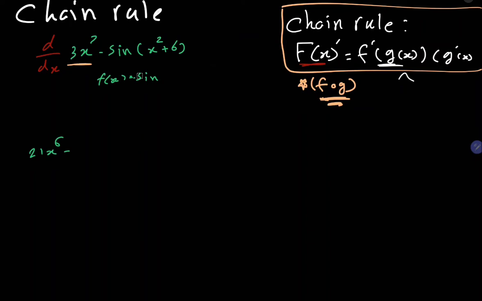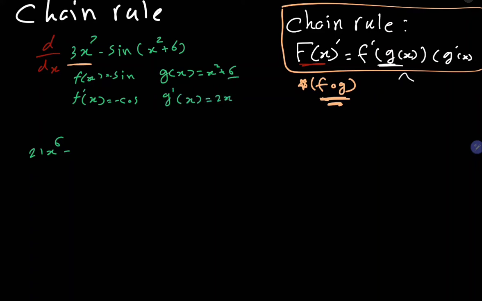The derivative of f of x: we know the derivative of sine is cosine, so since it's negative, it's going to be negative cosine. Then we have g of x, which is x squared plus 6, and the derivative of g of x is 2x. The 6 just goes away since it's a constant.